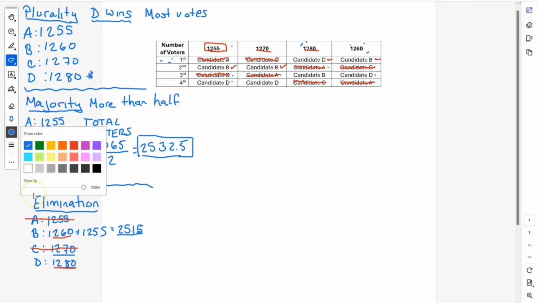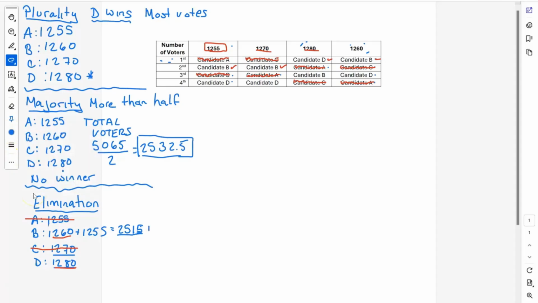So B gets some more votes. So B is going to get those 1,270. And if we add 1,270 to this, what we get is 3,785. And so now B is going to be the winner.